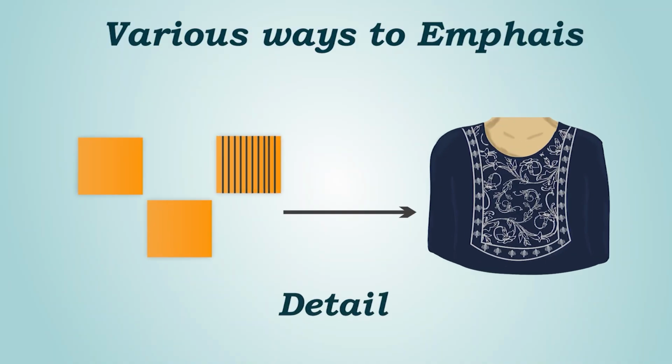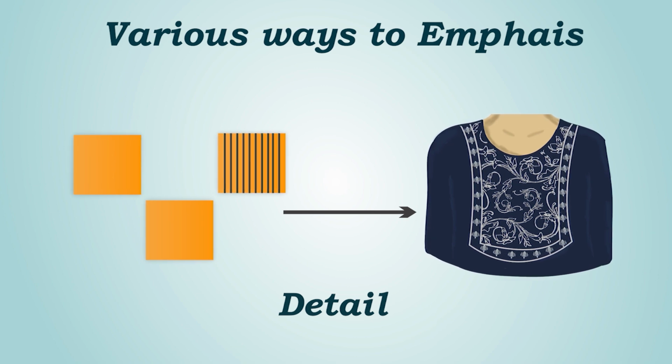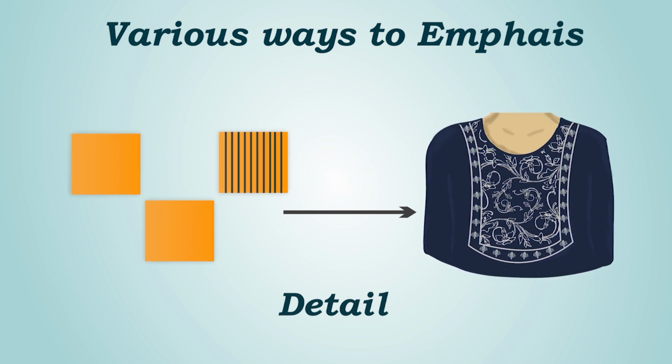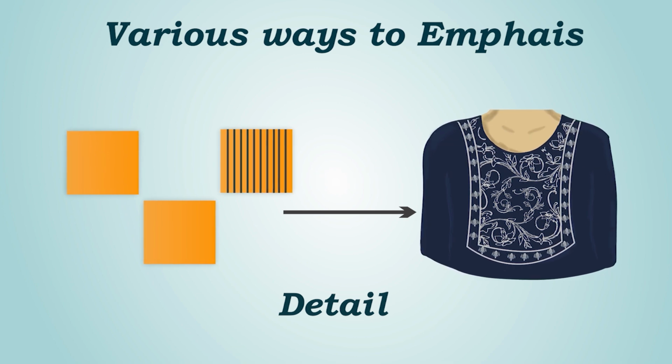Last but not the least, but the most important one that can be talked about while creating an emphasis in design is detail. A simple silhouette can be made a wonderful one by creating detail at one end of the same. And this can also be shown in terms of a graphic.